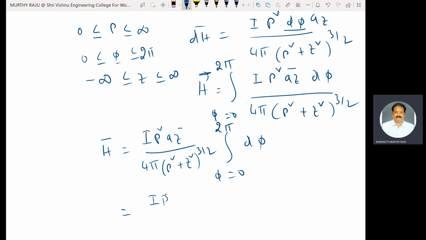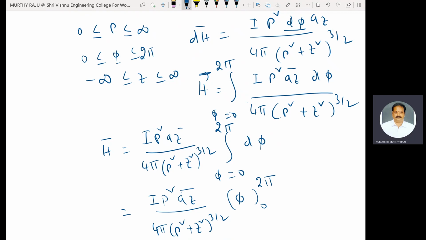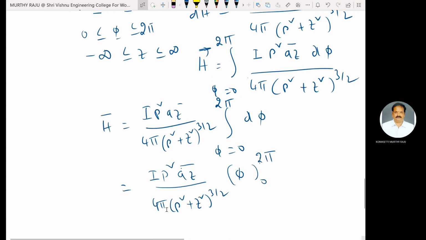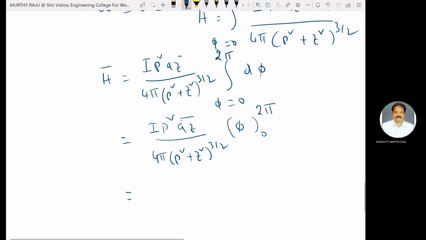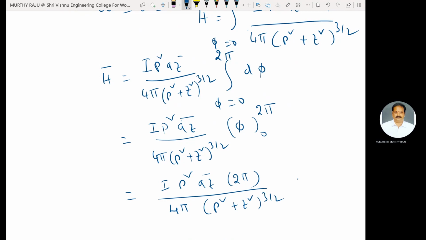Therefore, I rho square a z bar by 4 pi into rho square plus z square whole power 3 by 2, times the integral of d phi, which is phi in the limits 0 to 2 pi. So I rho square a z bar, 2 pi minus 0, that is 2 pi, by 4 pi into rho square plus z square to the power 3 by 2, amperes per meter.